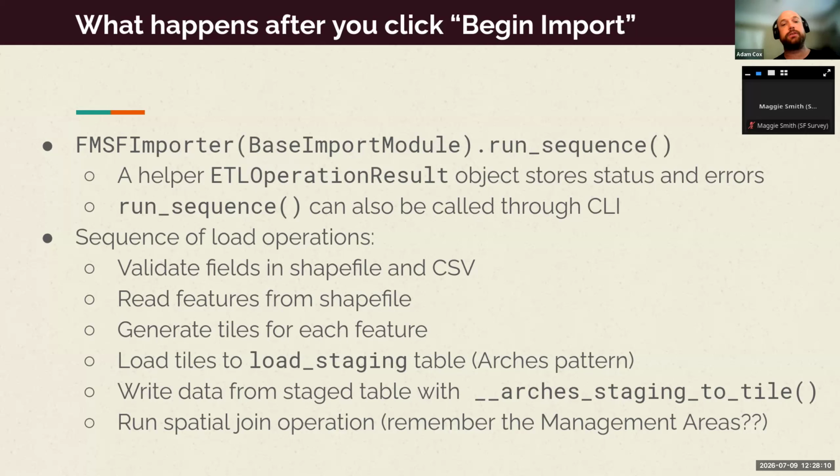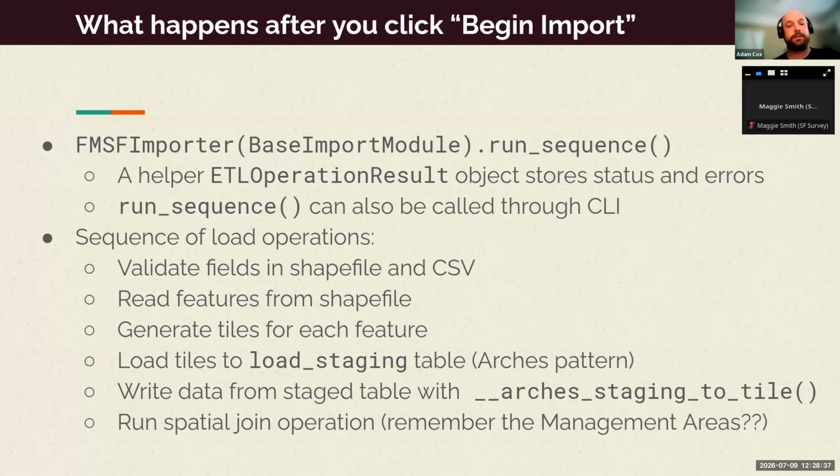Validate the data that comes in from the shapefile and the CSV, read the features from the shapefile, and make Arches tiles for each feature. The next two, loading the staging table and then writing data from the staging table into Arches, are Arches patterns that are already used in other ETL systems, so it's following the steps of some of the examples.